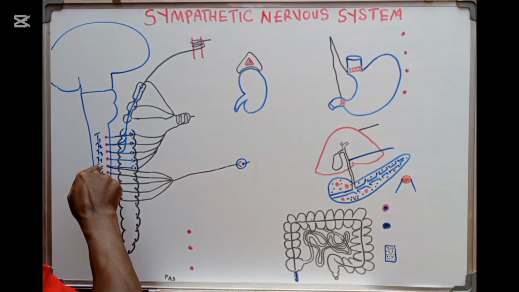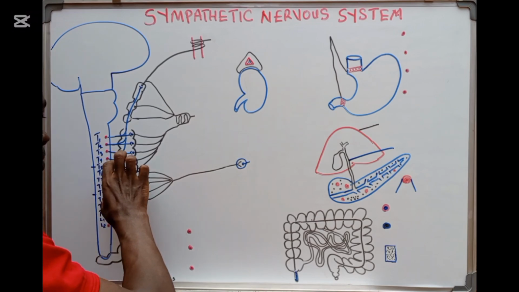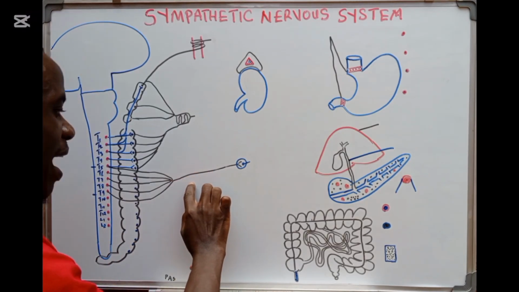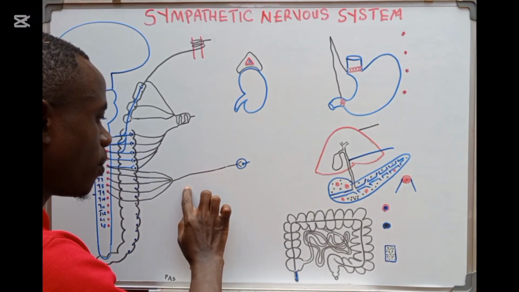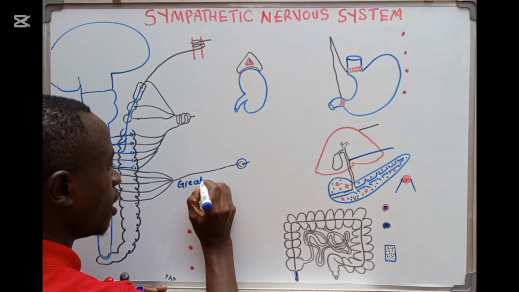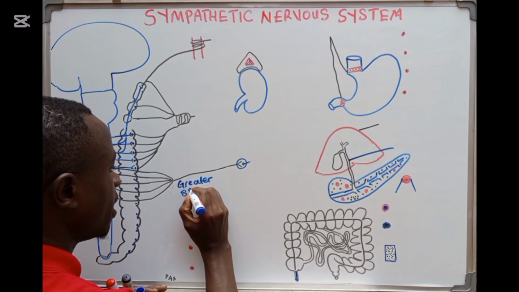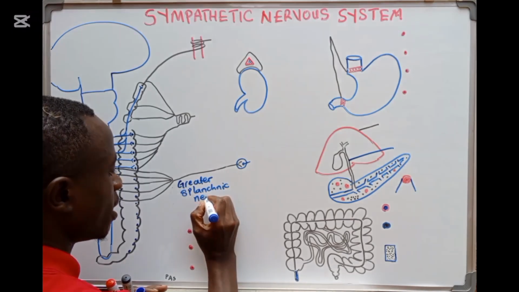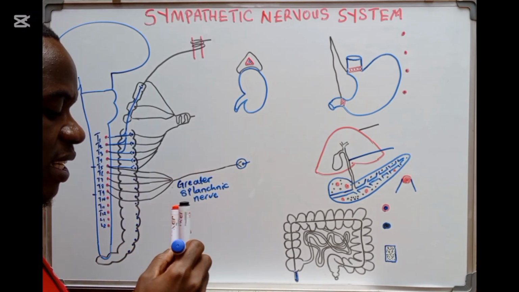So T5, T6, T7, T8, T9 come without synapsing and make a union, and these preganglionic motor fibers are what we call the greater splanchnic nerve.